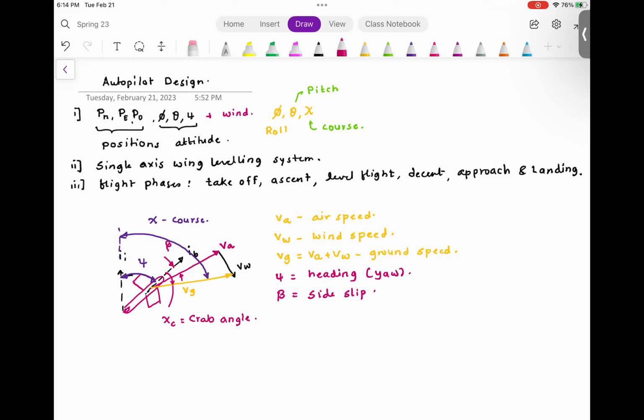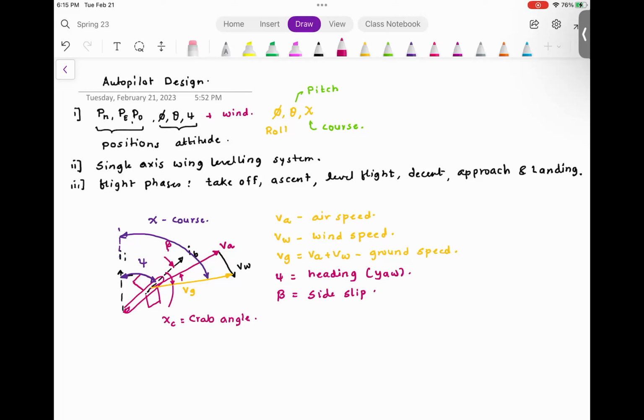We are going to assume that even though in theory aircraft longitudinal dynamics and lateral dynamics are coupled, for the controller we will assume they are independent.